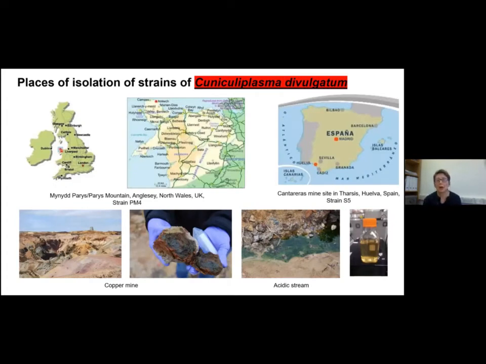So from where was this last member of the order Thermoplasmatales, Cuniculiplasma divulgatum, isolated? Both strains were isolated from copper mines located on Anglesey in the UK, and also from southwest Spain, which can be seen on this map here.